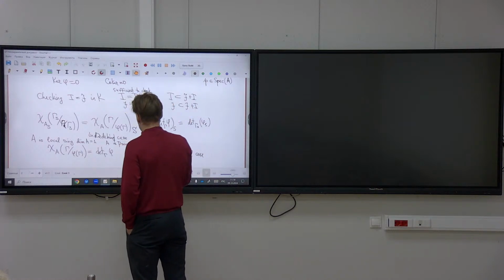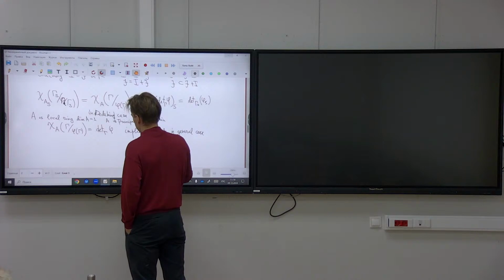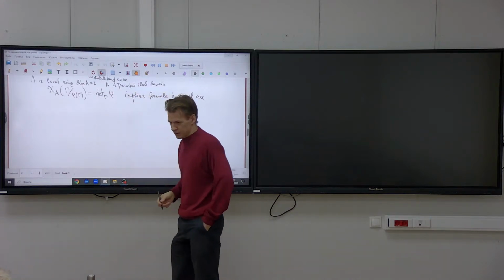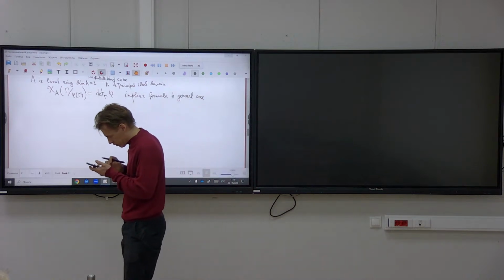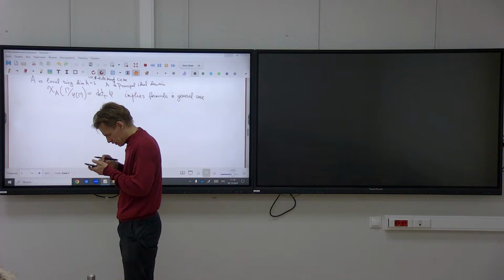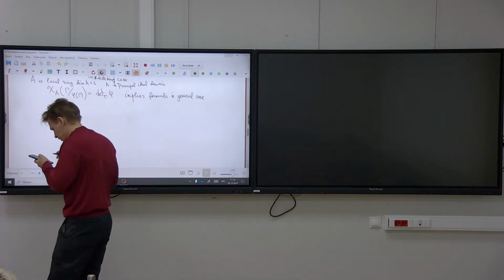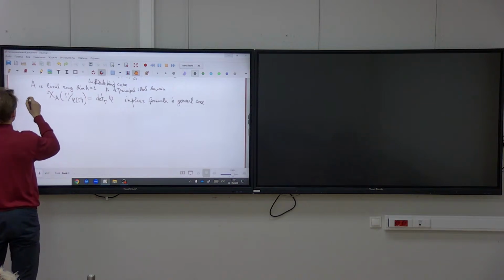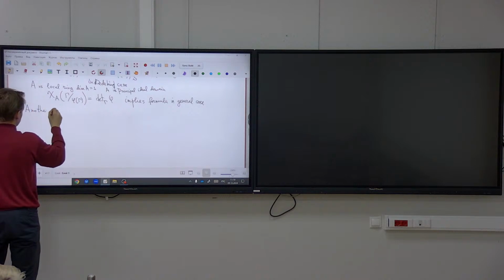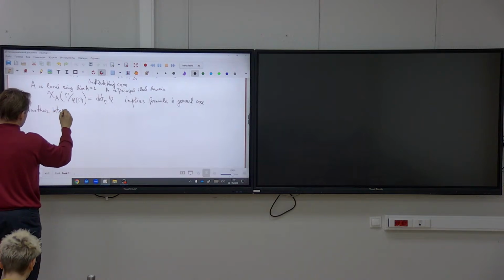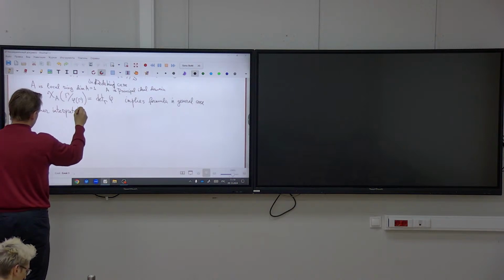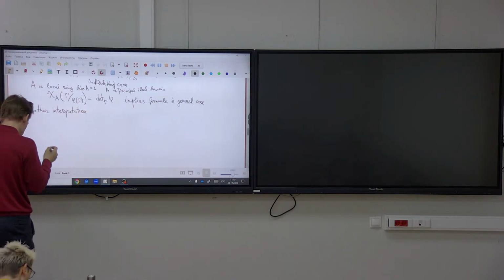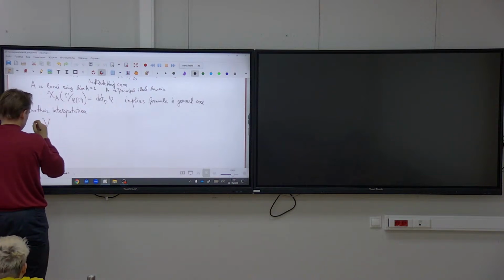So the next step. Now you see that we have come to discussing the determinant, and then you have another interpretation of the index.